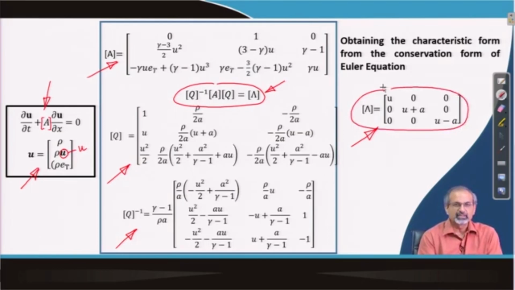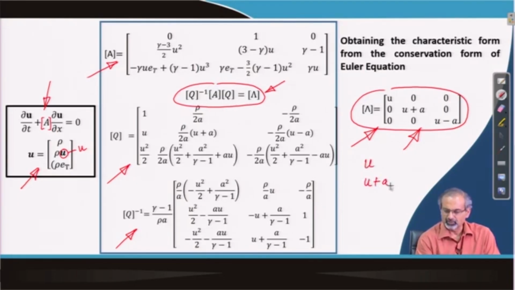We are not going into the details of the calculation, but this is available in many more elaborate texts on the subject. We are just trying to obtain the information straight away and state it here. So, we find that the entries in the diagonal matrix are u, u plus a and u minus a. You can call them lambda 1, lambda 2, lambda 3.